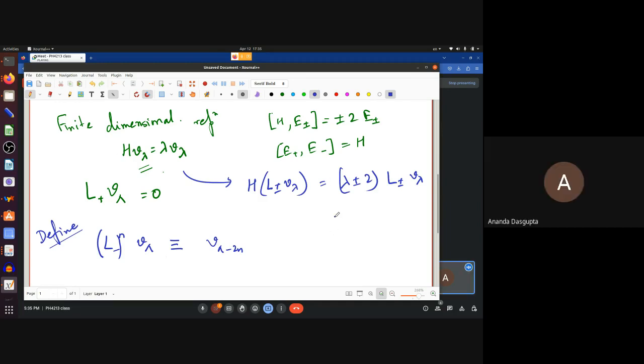So what I'm saying is I have a state V lambda. I apply L minus on this once. What I'm going to get definitely is the state with eigenvalue lambda minus 2. Now, if this were quantum mechanics, I would put a constant in front. Remember, a constant in front of an expression of a vector does not change the fact that it's an eigenvector, or does not change the fact that the eigenvalue is a particular value.